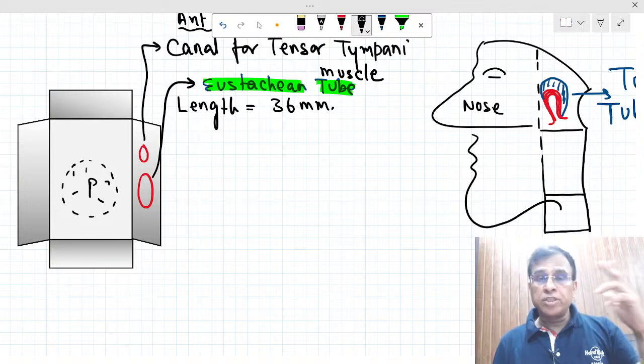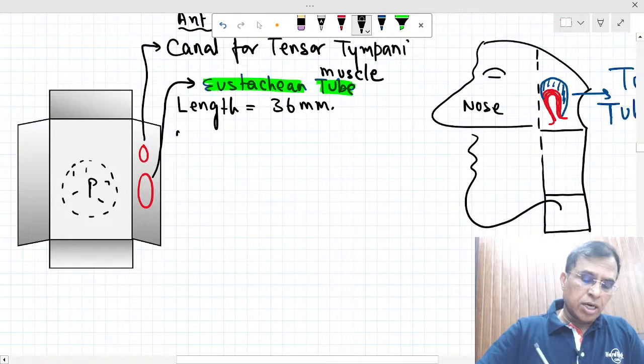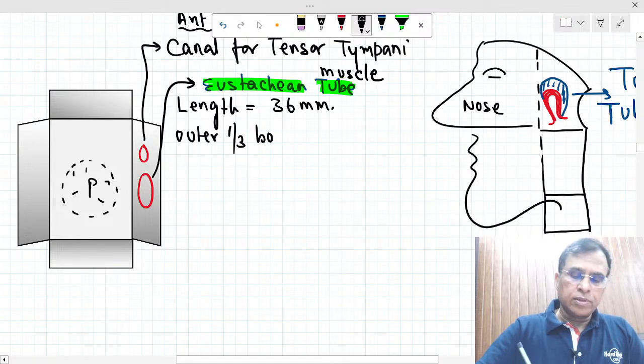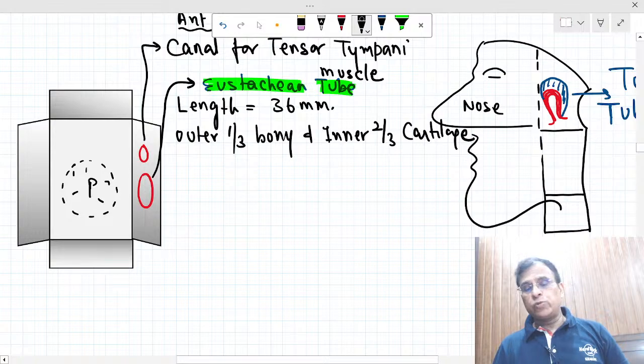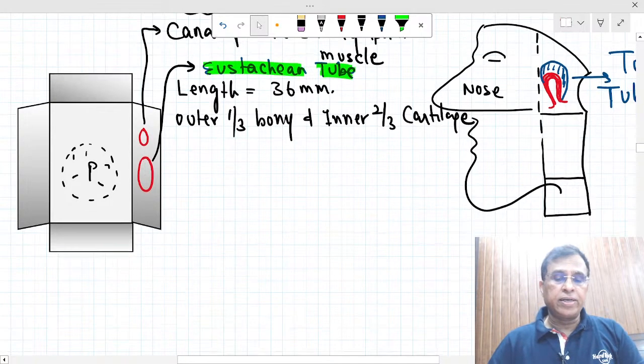Eustachian tube is opposite of that. Opposite means outer 1/3 is bony and inner 2/3 is cartilage. So that's how you remember, opposite of the canal.